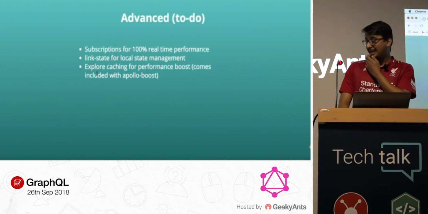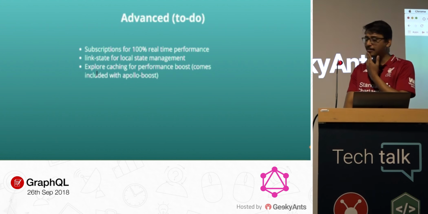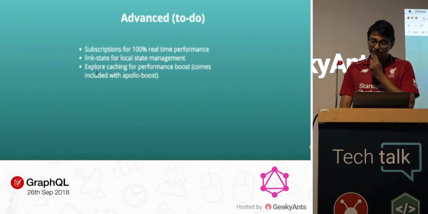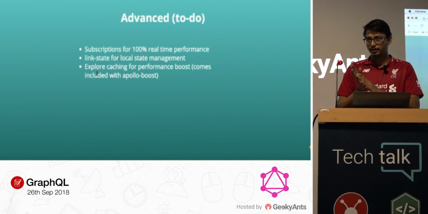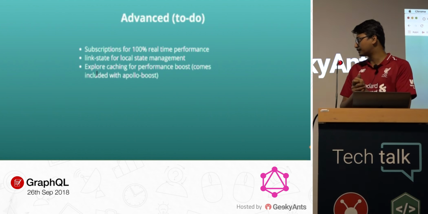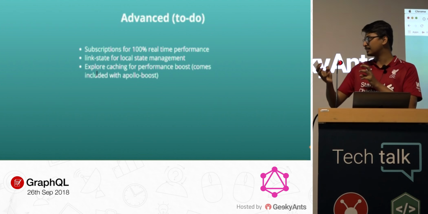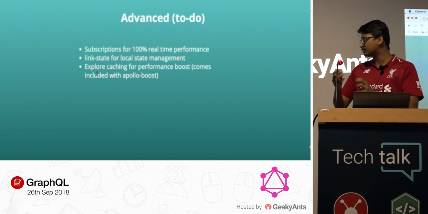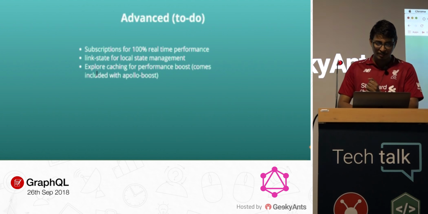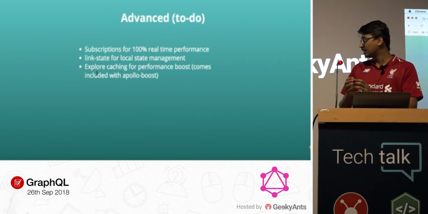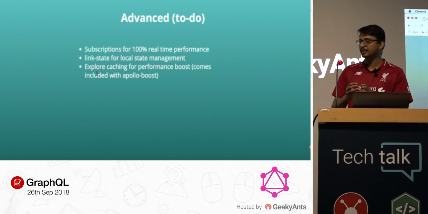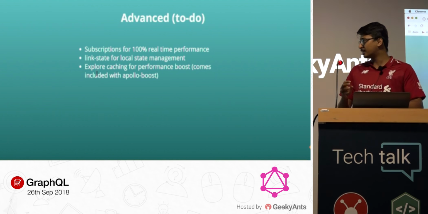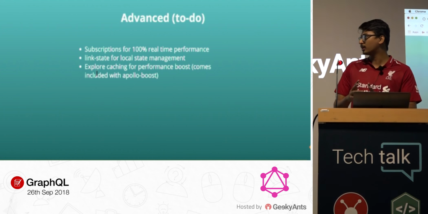And these are advanced topics. These are something which I haven't done, but I can say we can use subscriptions. I think Pramit and I once tried it, but it was kind of tricky for us. Subscriptions are for listening to the backend, so that whenever there's a change, we get notified immediately. And link state is for local state management. Link state is something like Redux, not quite Redux, but it is for managing state locally.